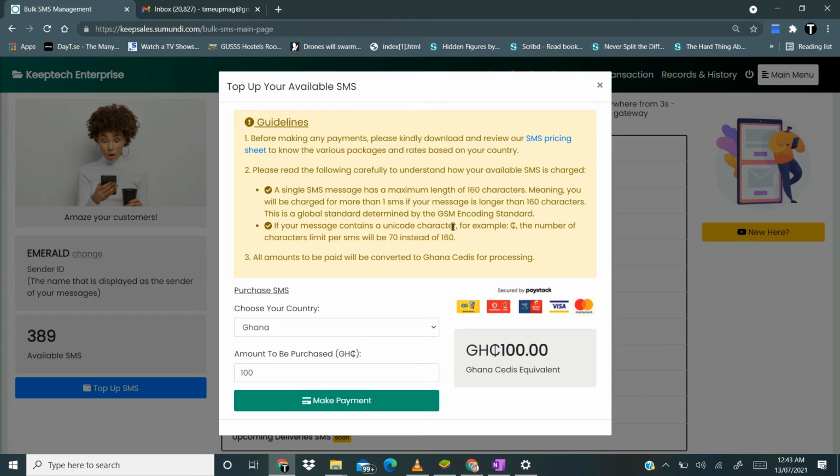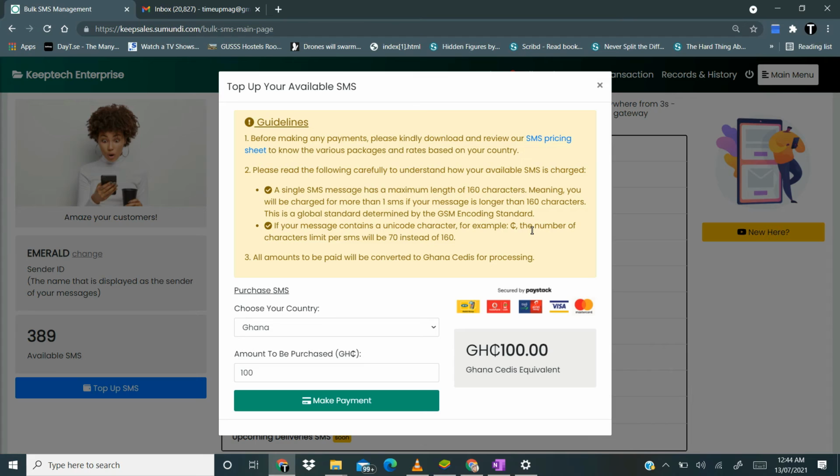The second guideline is that if your message contains a Unicode character, for example, the CD symbol over here, then the number of characters limit per SMS will be 70 instead of 160. So what this basically means is that if you are typing a message and you use a Unicode character, that character in itself is worth 70 characters.